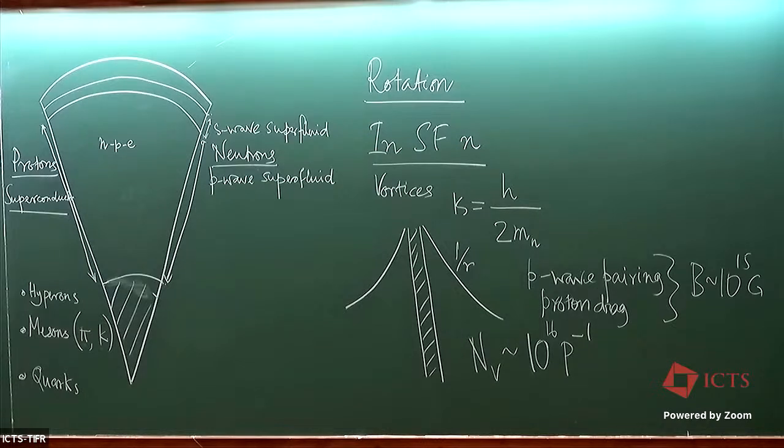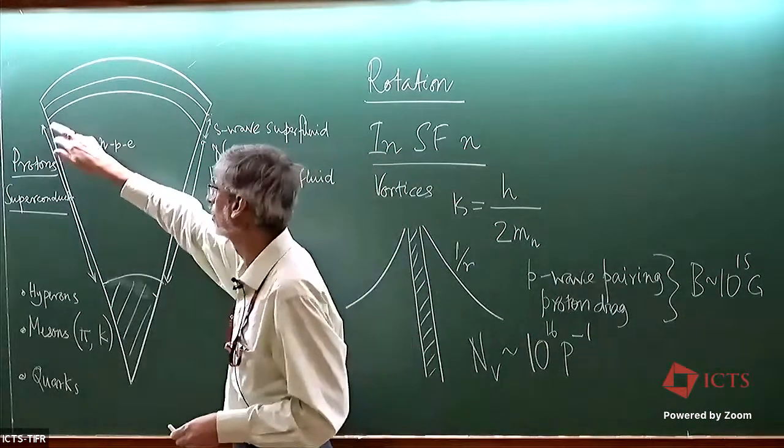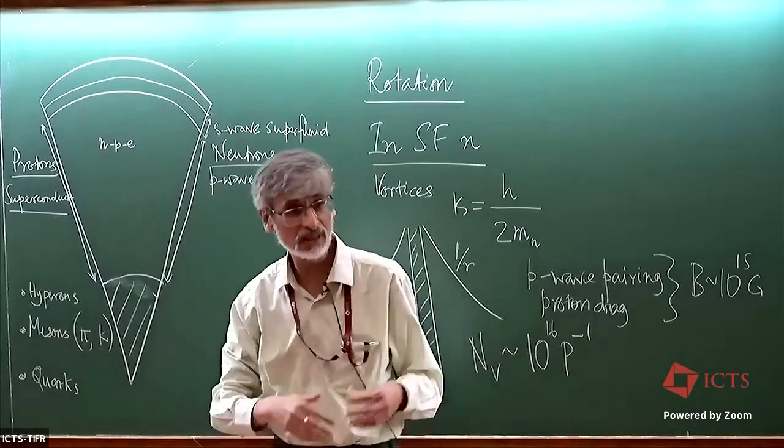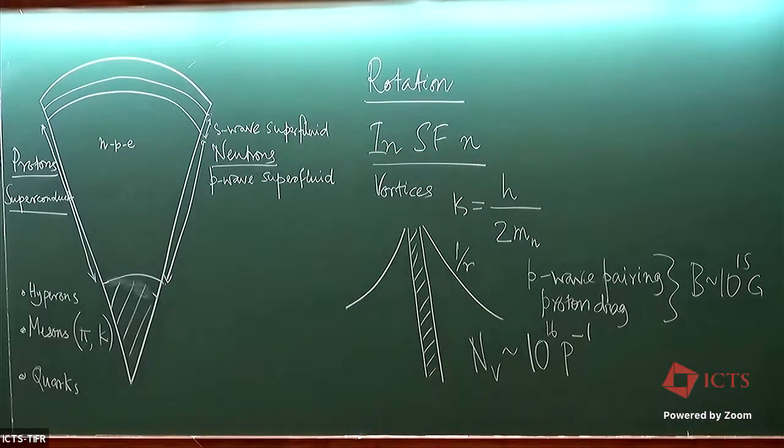And how is it coupled at all? The crust is something else. This is the neutron drip region. The free neutrons in there have formed the superfluid and they have vortices. But there are also nuclei present, right? So it is not a homogeneous medium. At every little distance, you have a nucleus.